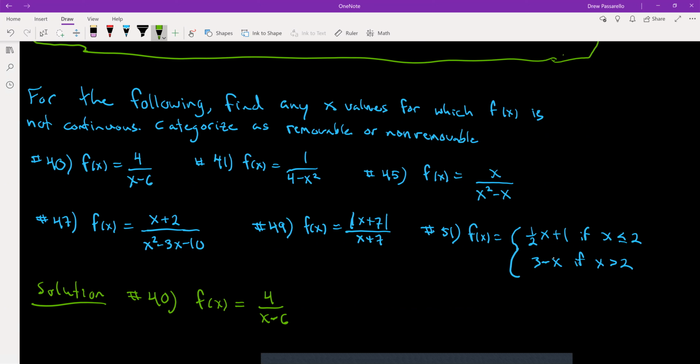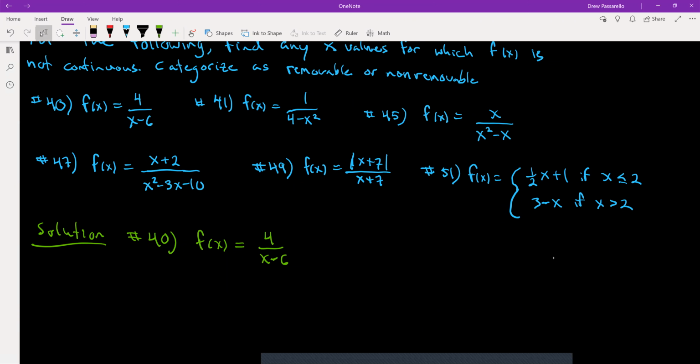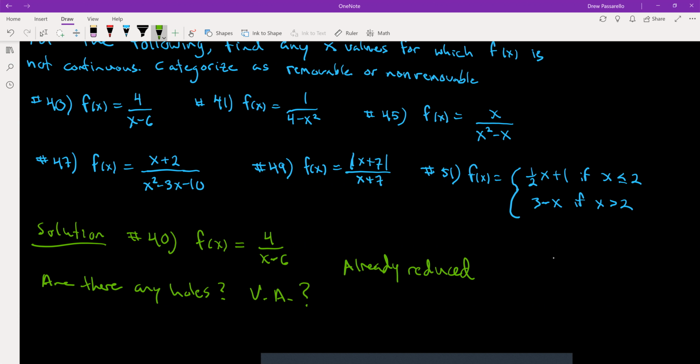So for number 40, to determine the removable or non-removable discontinuities, I basically need to determine: are there any holes? Vertical asymptotes? There's no factoring that can be done. It's already reduced. So I can go ahead and just set the denominator equal to 0 to find the vertical asymptote.